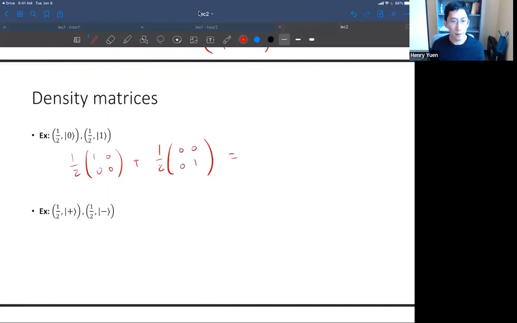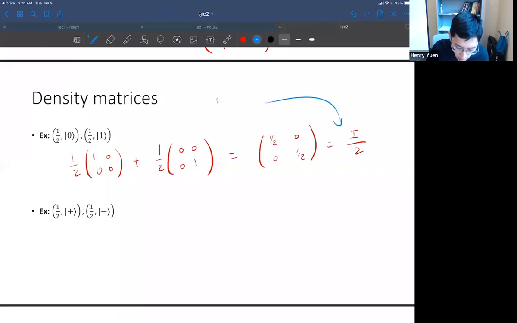If you sum this up, you get 1/2, 0, 0, 1/2. This is the identity matrix divided by 2. This density matrix, the identity matrix over 2, has a special name. It's called the maximally mixed state.